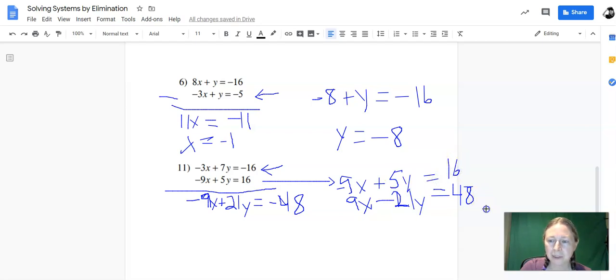And now I'm in a good place. I can add both of those equations together and it will eliminate the x's completely, and then I'll just be able to solve the equation for y. So negative 9x plus 9x is 0, so the x's are gone. 5y plus negative 21y is negative 16y.